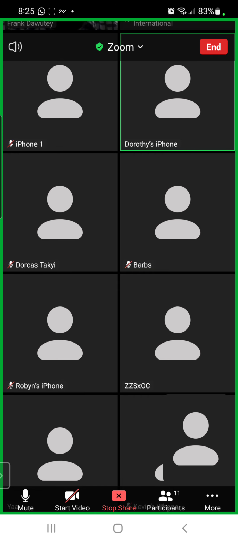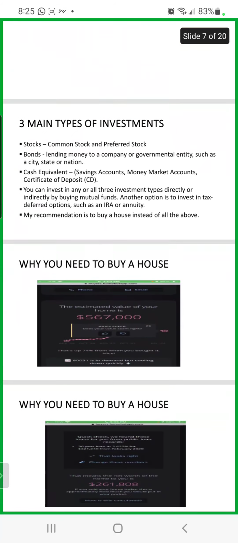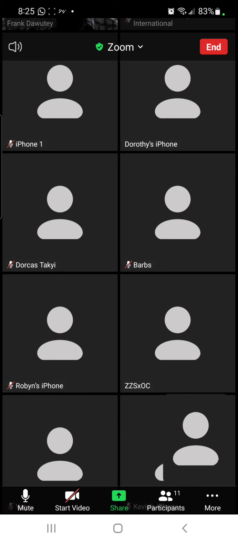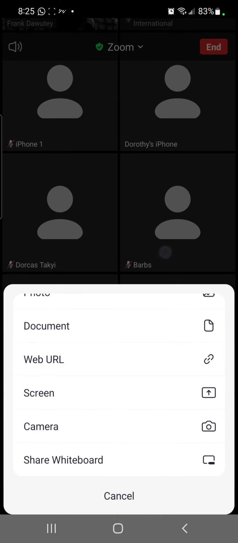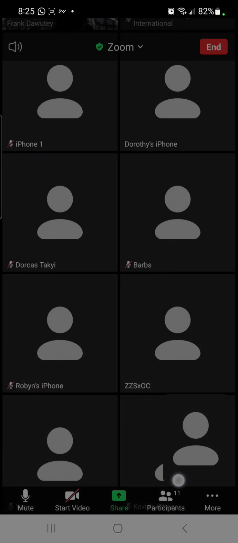Can you scroll up a little bit so that we can see? Okay, yeah, good. Go down a little bit. You see time value. Yeah, that's good. Time value of money. Can you ladies say it?